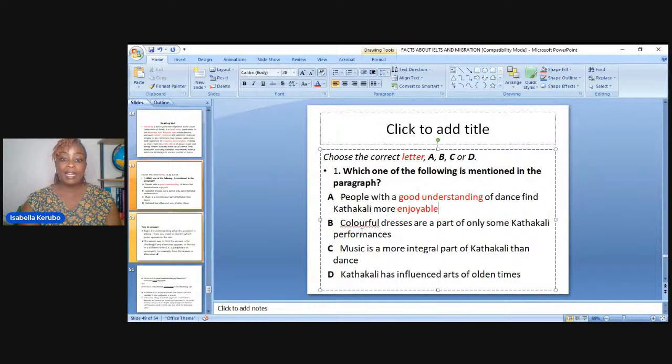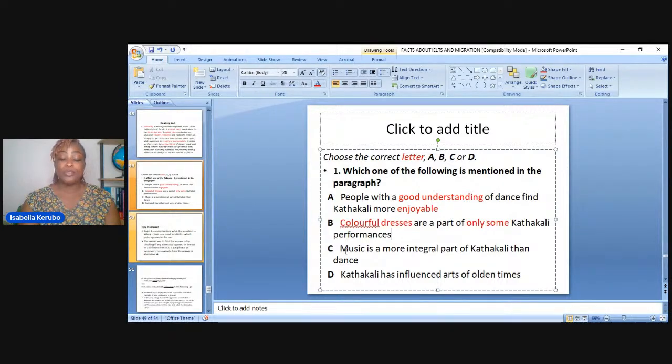Number two, colorful dresses. Of course, this is very key. We are going to check if such a thing was mentioned, are a part of only some. We need to check. What did they say? If we have anything mentioned about the colorful dresses, what did they say about the colorful dresses? Does it apply to only some, or does it apply to all?